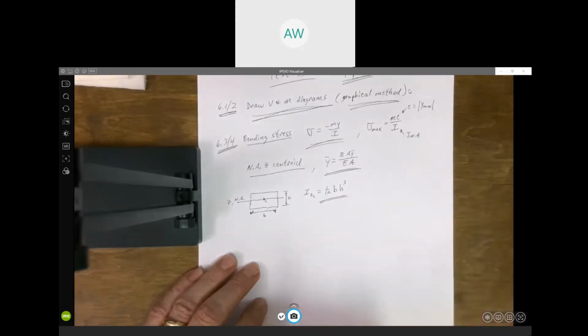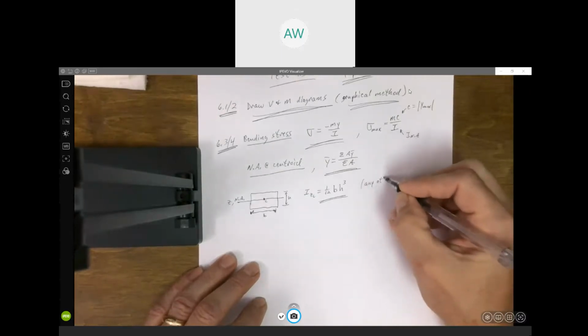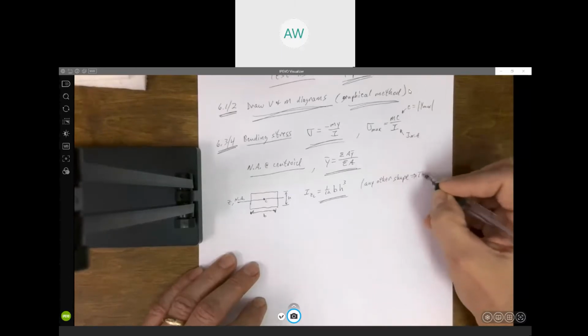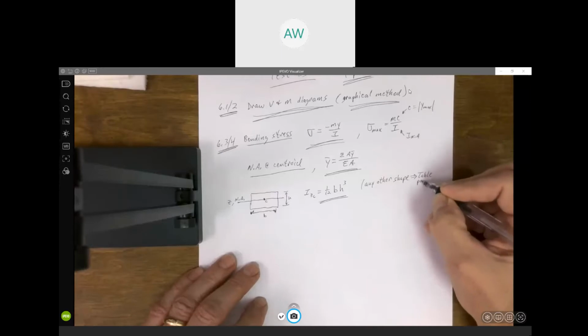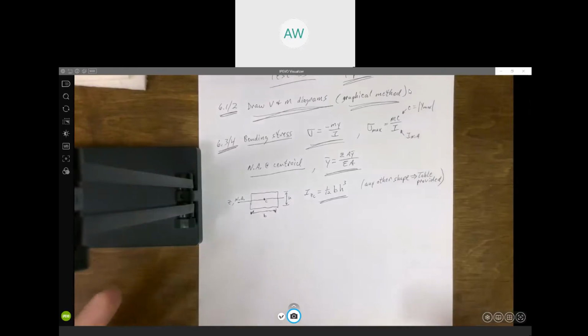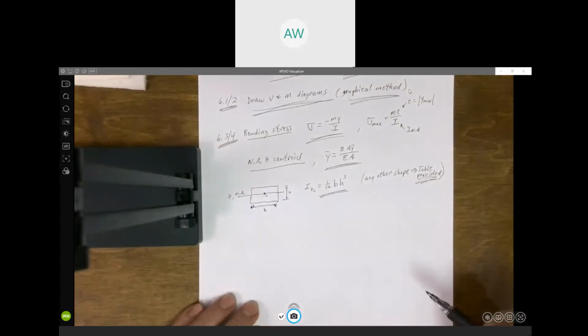Any other shape besides a rectangle, I told you I would provide that table that's in the back of the book. So any other shape you're not responsible for; that table would be provided. I don't expect you to know the moment of inertia about the axis through a circular area or a semicircular area. If you ran into something like that, it would be provided. Just the rectangle, that one I expect you to know.